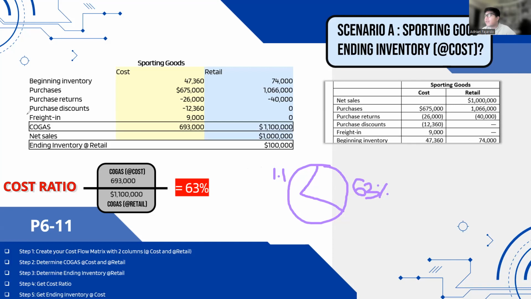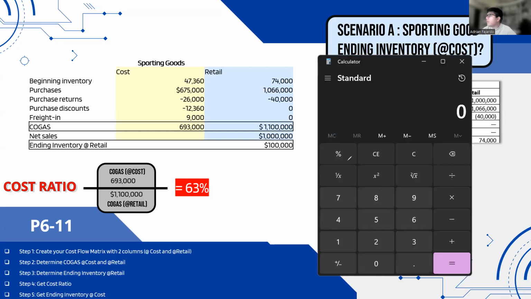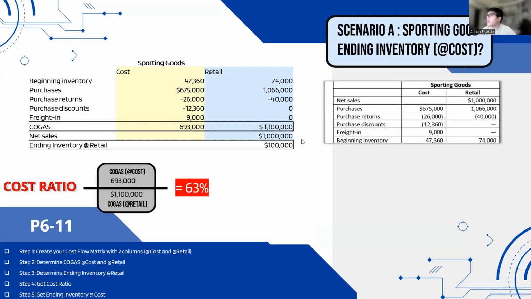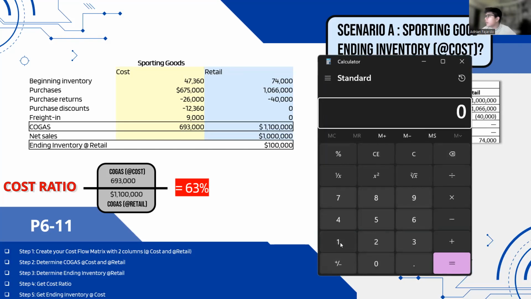Right? And therefore, if you do 1 million times 63% or 0.63, it will give you 693,000. So therefore, itong 100,000 na to, which is comprised of your COGS and a markup, how to carve out your COGS, you just have to multiply 100,000, the ending inventory at retail, times the cost ratio of 0.63.